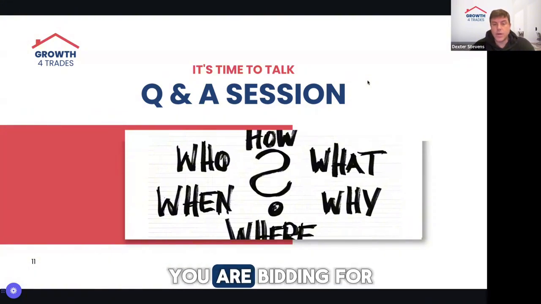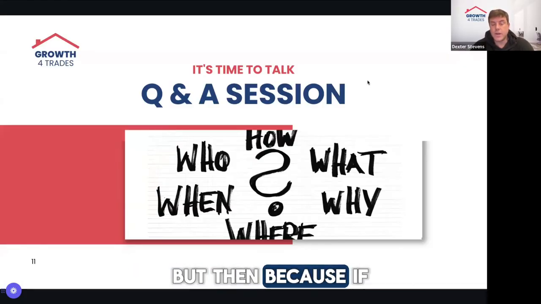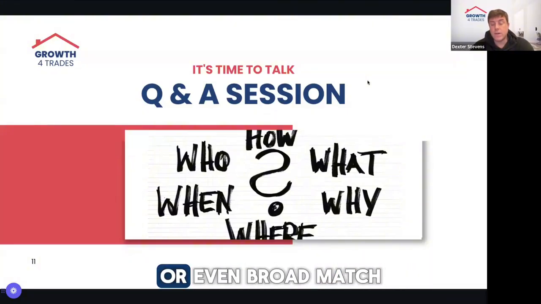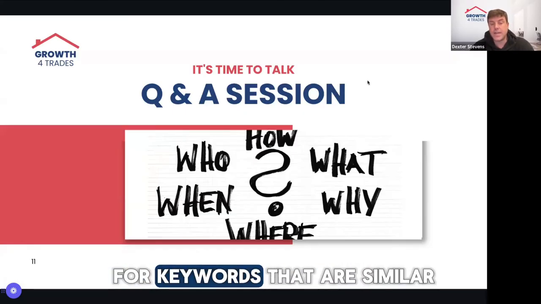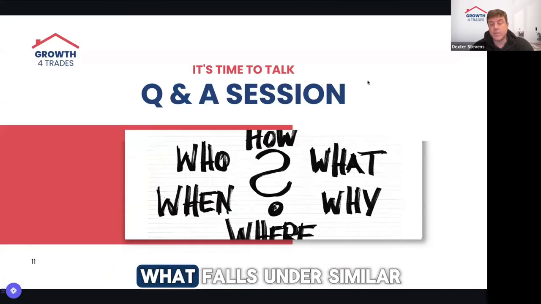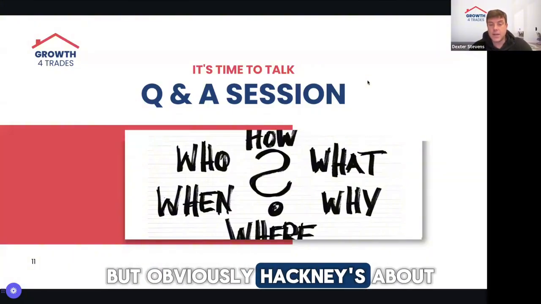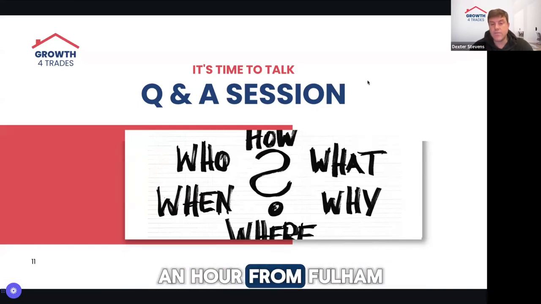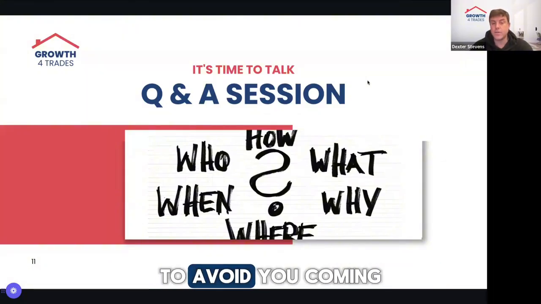Say you are bidding for boiler services Fulham, but if you set up the keyword in the campaign as a phrase match, or even broad match, then Google will make you bid for keywords that are similar. Sometimes what falls under similar would be boiler service, I don't know, Hackney. But Hackney could sometimes be an hour, depending on traffic, from Fulham. So you could then add Hackney as a negative keyword to avoid you coming up for that.